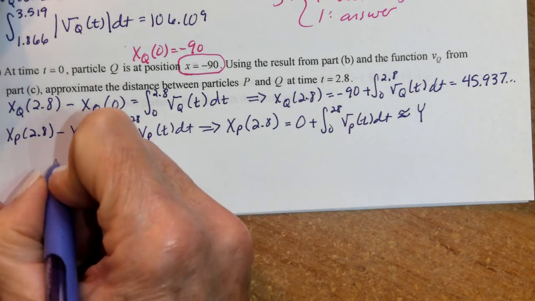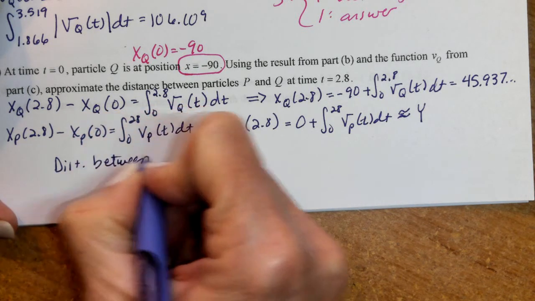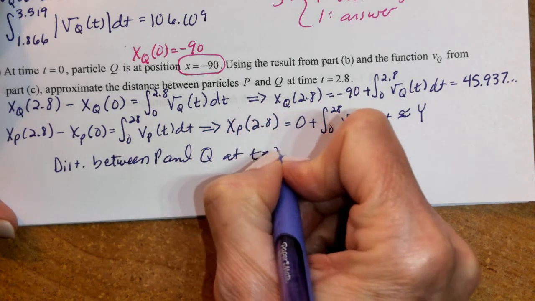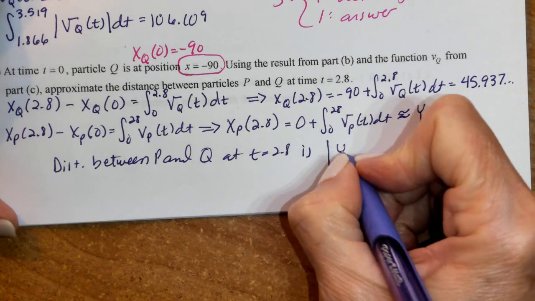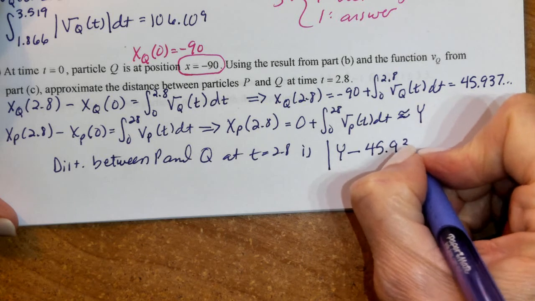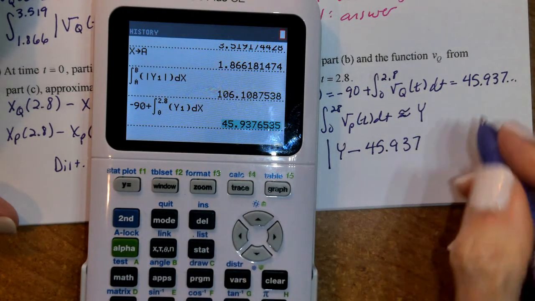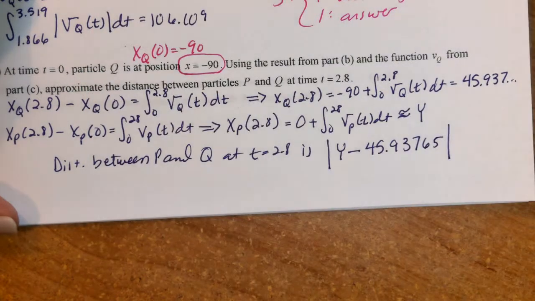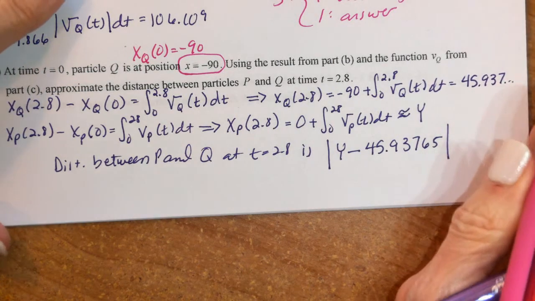So the distance between p and q at time 2.8 is the absolute value of y minus that 45.937. I'm just going to give it a couple more decimal places like that. So that would be a safe stop spot for that.